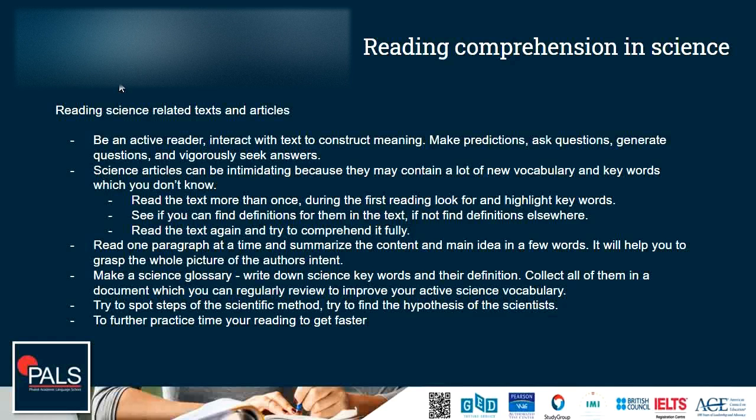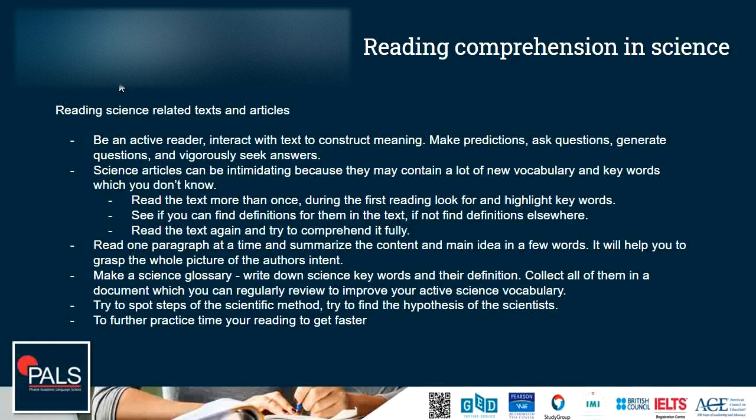And during the first reading, just scan for words that you don't understand and highlight these keywords. Then, maybe in a second approach, just look at these specific passages where these keywords are in, and very often these keywords will be defined and explained right around the region where they are mentioned.